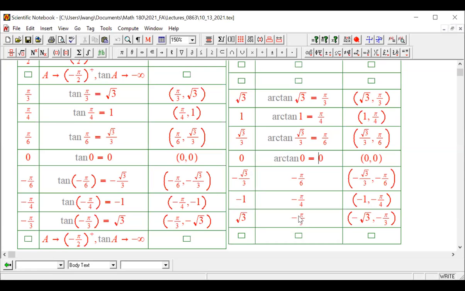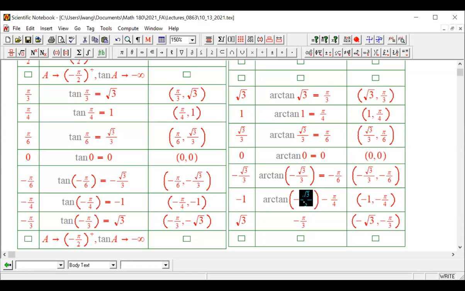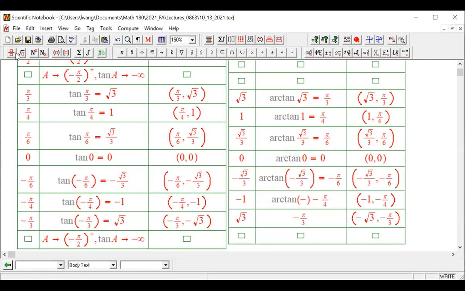Depending on their position. And over here, arctan of negative root 3 over 3 equals negative pi over 6. And arctan of negative 1, I'm sorry, what am I doing here.